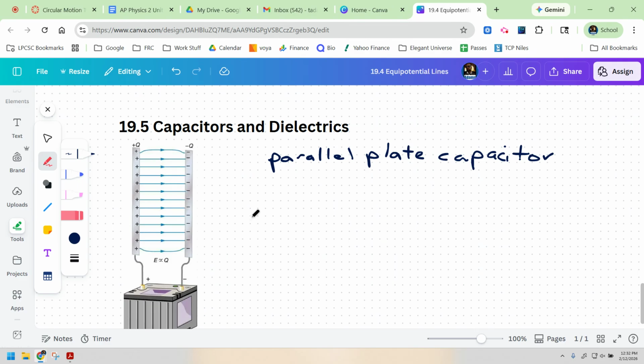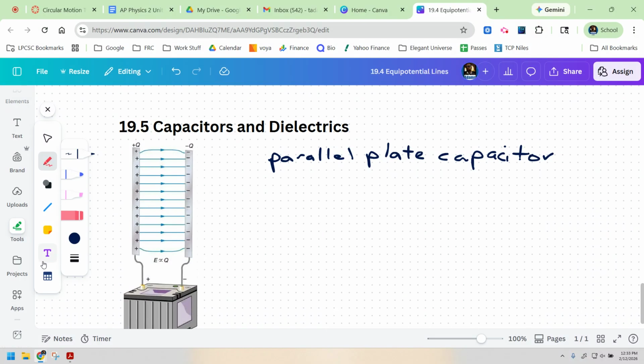So there'll be more field lines if there's more charge, right? These little plus lines represent the magnitude of the charge. So if I have more charge, the more electric field lines I have, okay?